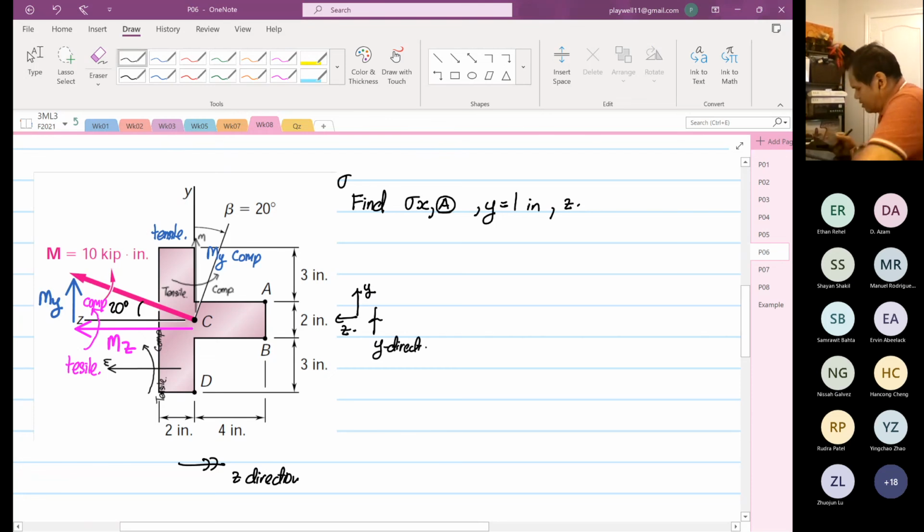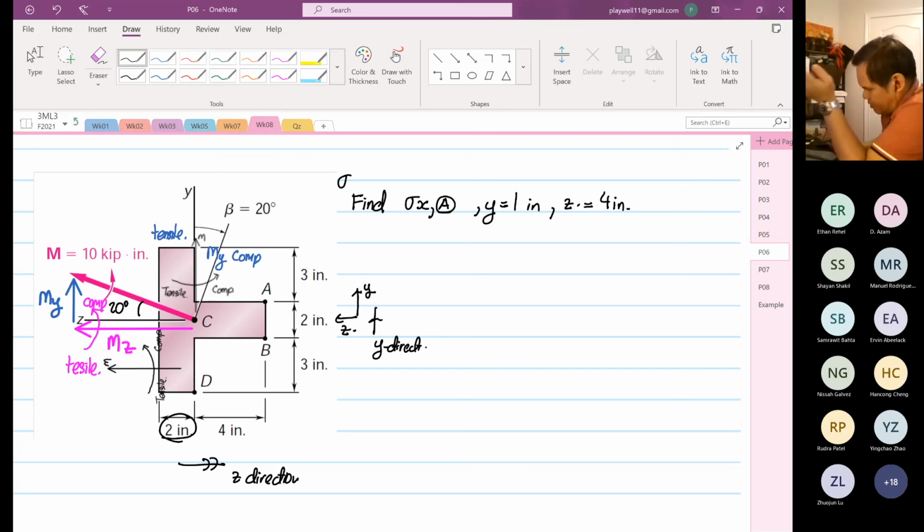Right? The Z direction from the centroid, so we know that the centroid is at 2, right? Okay. So the distance in the Z direction is equal to what? So for point A it is equal to 4. A lot of times students get this wrong. Okay. Now don't worry about plus Y or minus Y. Don't worry about that. I already taught you how to look at the moment vector already.